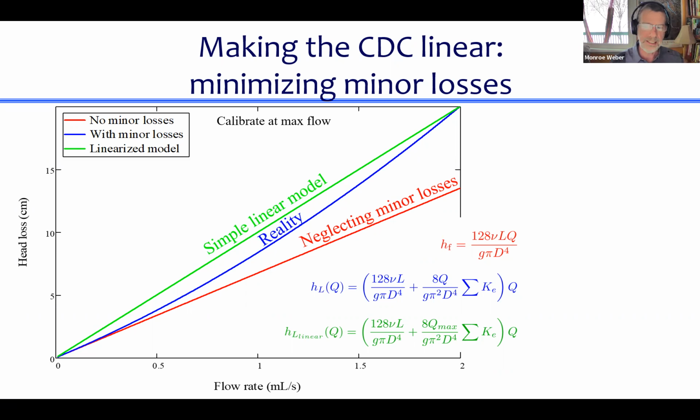And that's the green line equation, where instead of a quadratic Q squared, we're holding one Q constant, pretending that Q was always equal to the maximum Q. That equation overpredicts the head loss for the entire range, but it's close to reality.